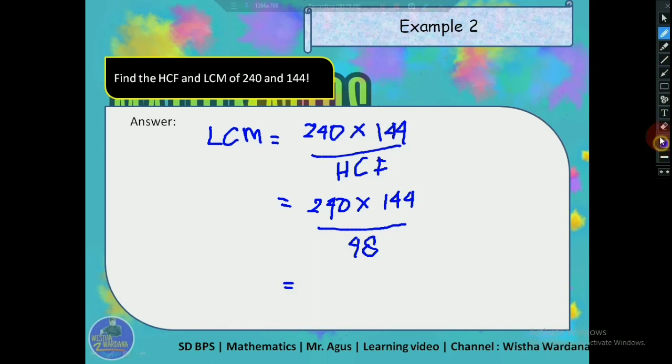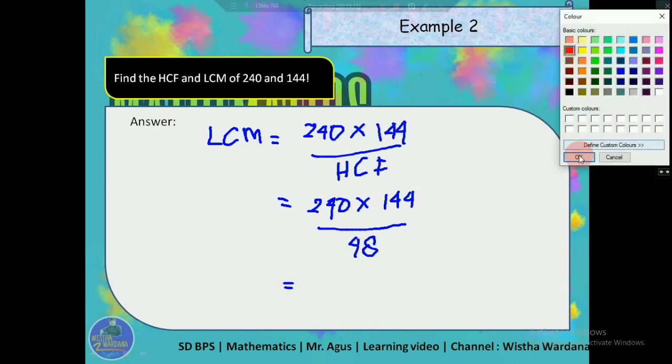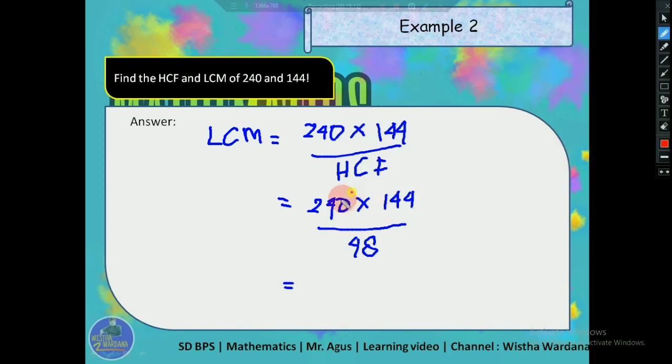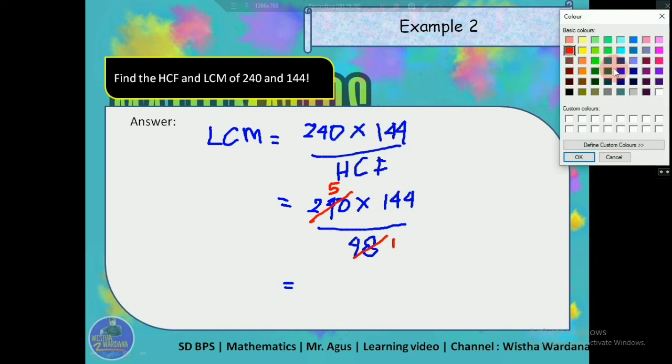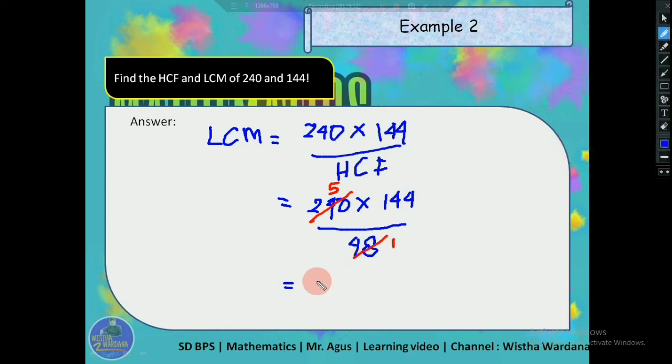And then you can make it simpler by dividing 240 by 48. This is equal to 1, and this is equal to 5. And then 5 multiplied by 144 will be 720.